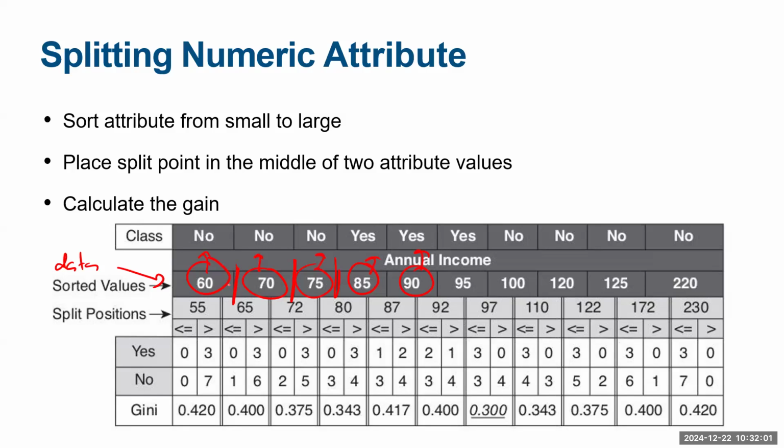You don't want to pick closer to the number because you want the decision boundary to be far apart from the data, so you have some confidence. So between 60 and 70, maybe you pick 65, you pick 72, you pick 80. And for each split you have, you compute some measurement, you compute the information gain basically. You compute the gain of each of the splits, and then you pick the best one.